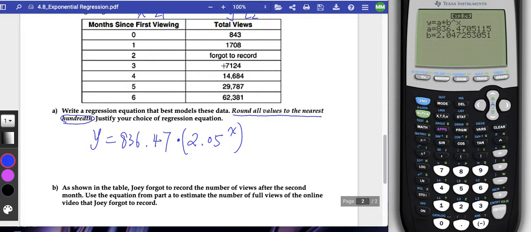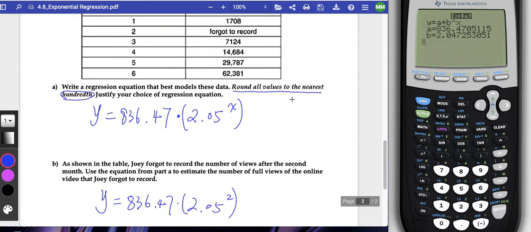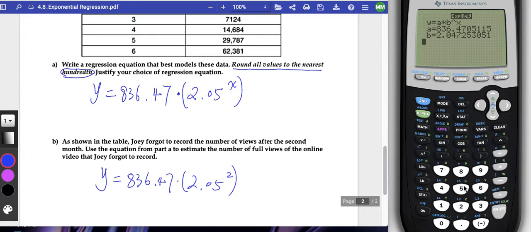Since the second month is x equal to 2, I can just easily represent this as 2, because x equal to 2 is after the second month. So I can clear this, and then I can use 803.647 times 2.05 to the second power.